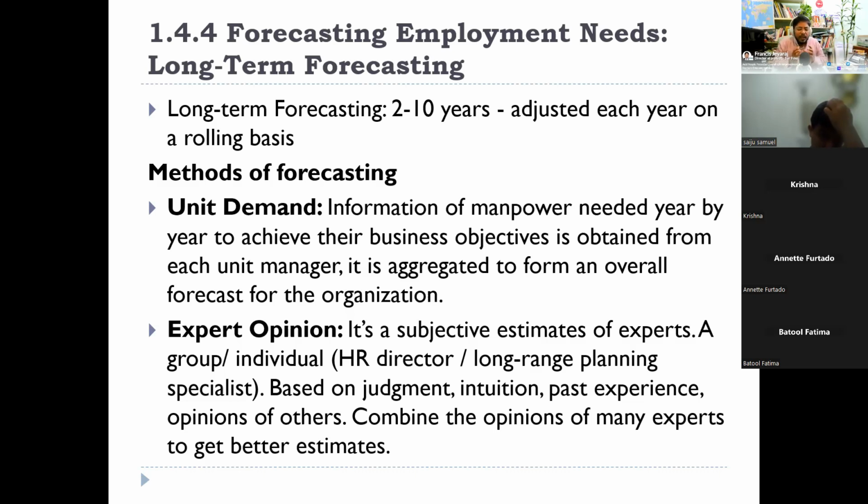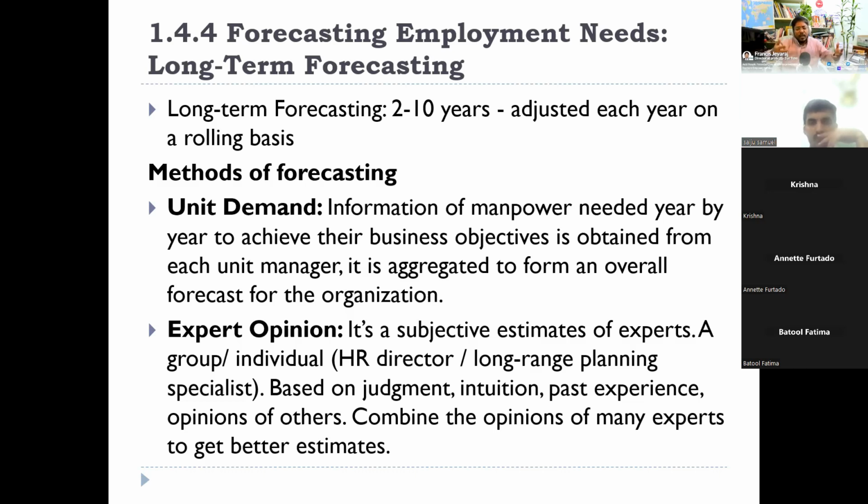So the HR director, along with the long-range planning specialist, like Krishna in his oil and gas company, where they have an exclusive long-range planning specialist, these experts conduct interviews and consultations with the subject matter experts within the company, and these experts offer subjective estimates based on their judgment, as I told you, their intuition, and also past experience. They have been there several years, and they know the pattern, the business ups and downs, the trend, everything.